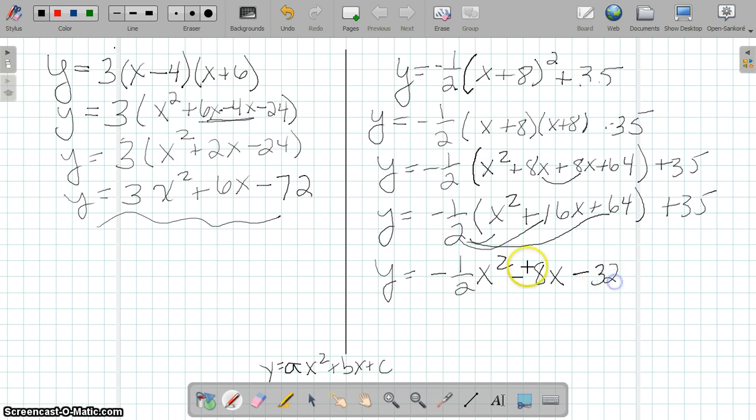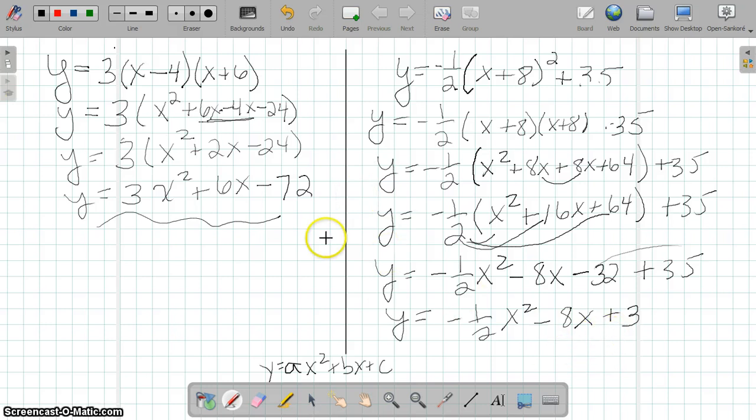It is negative because we're multiplying a negative times a positive. Now we still have the plus 35 at the end, so we're done after this step. Negative 1/2 x squared minus 8x, and then when you add these two together, we have a plus 3. So y equals negative 1/2 x squared minus 8x plus 3 is how we get from vertex form up here to standard form down here.